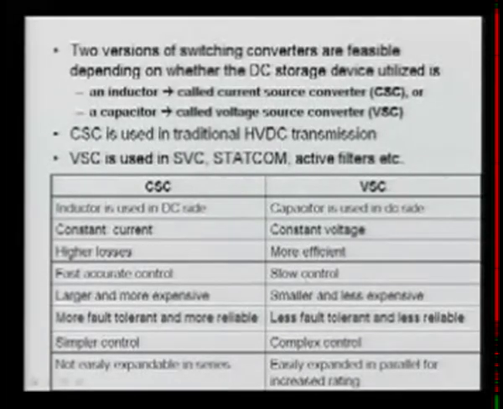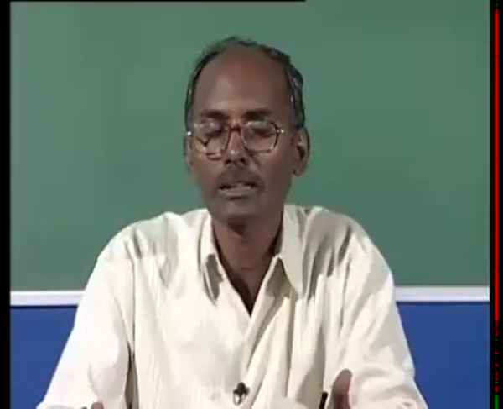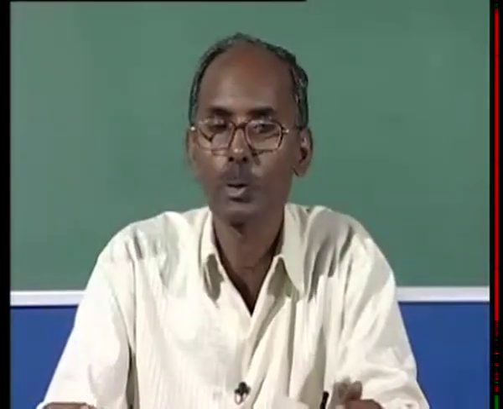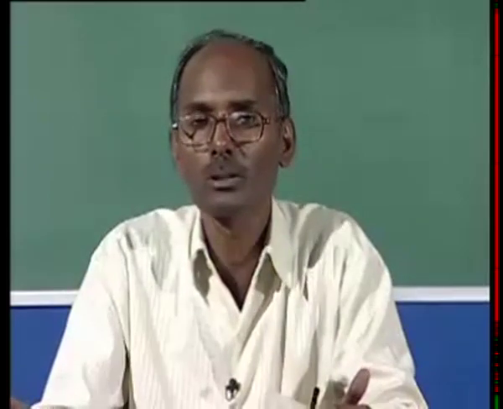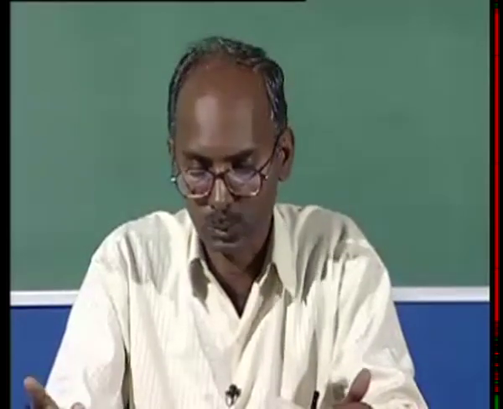So, the two versions of switching converters in power applications, that is the FACTS controllers: we can categorize the devices into two categories. One uses converters, so it is called converter based FACTS controllers, and the others are simple, without converters.